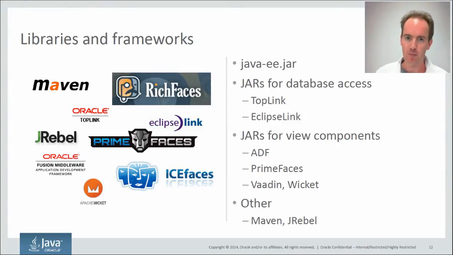Instead of deploying the application, seeing it in the browser, closing down the application, making changes, deploying it again, you can deploy it once and just leave it running, make changes and refresh the browser, and immediately all your changes will be viewed. So JRebel and Maven, like all the other libraries and frameworks listed here, are really there to help you as a developer implement and be productive with Java EE.